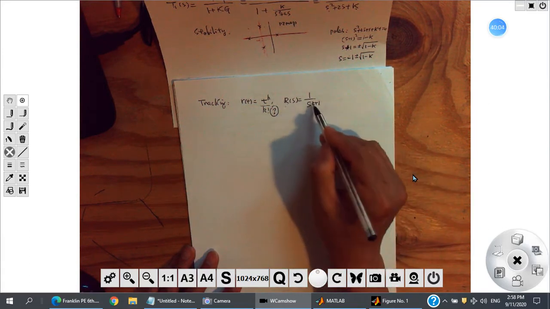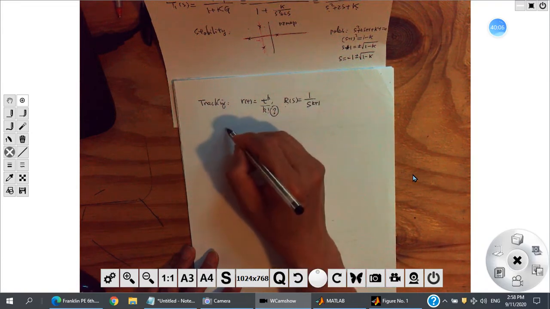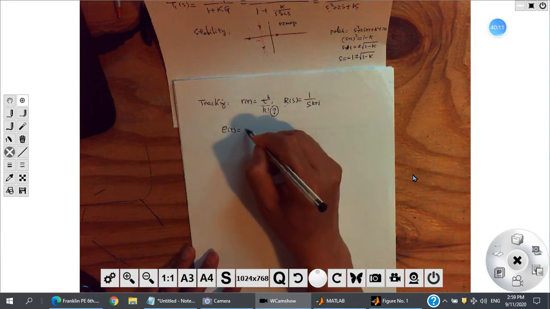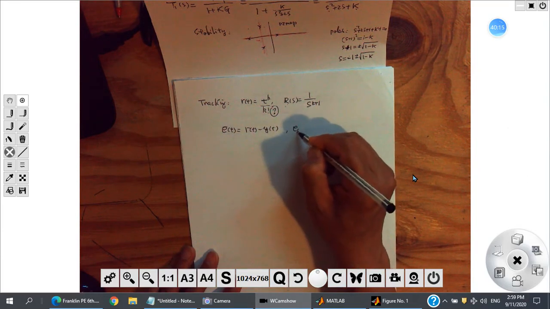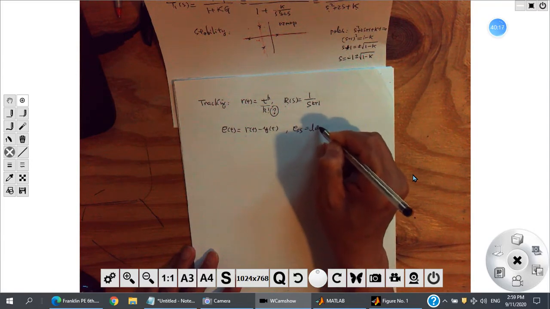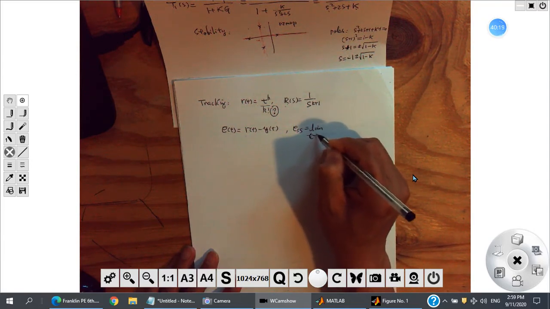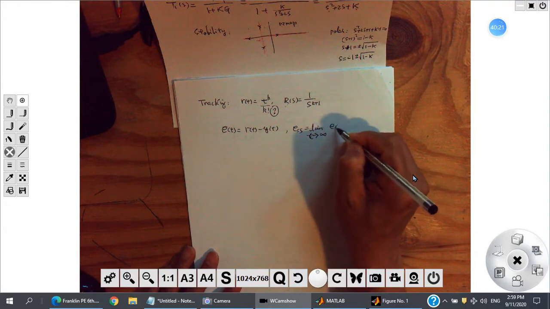Then for checking, we want E of t, which is R of t minus Y of t, and e_ss will be the limit as t goes to infinity of E of t.